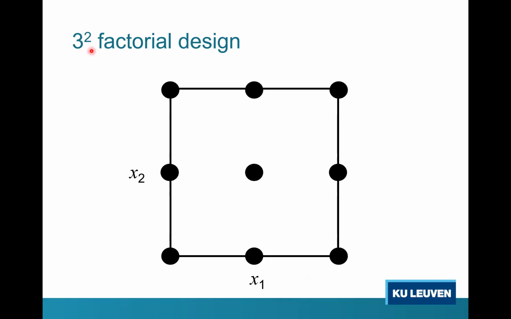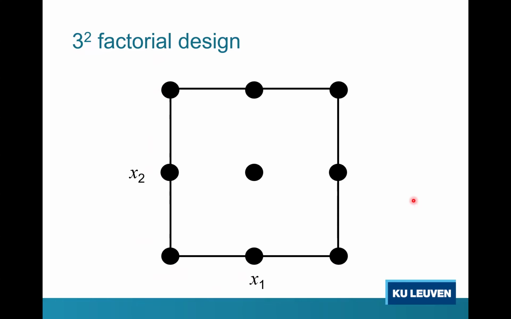And there's going to be 9 test combinations. We have 3 levels for the first input, x1: a low level, a middle level, and a high level. And we combine these 3 levels for x1 with a low level, an intermediate level, and a high level for x2, which gives us 9 test combinations.